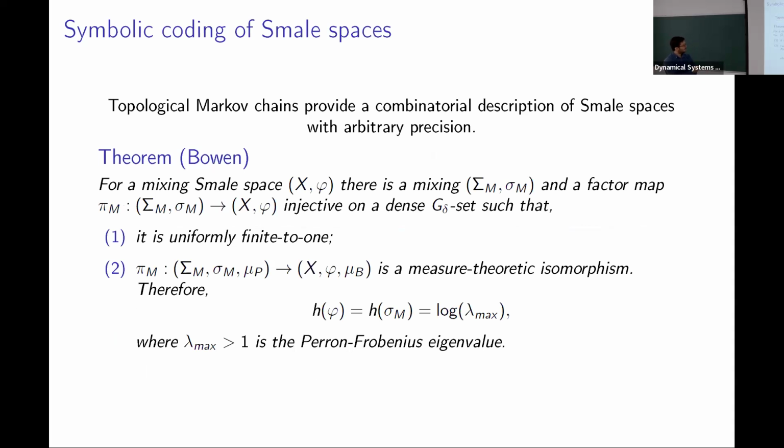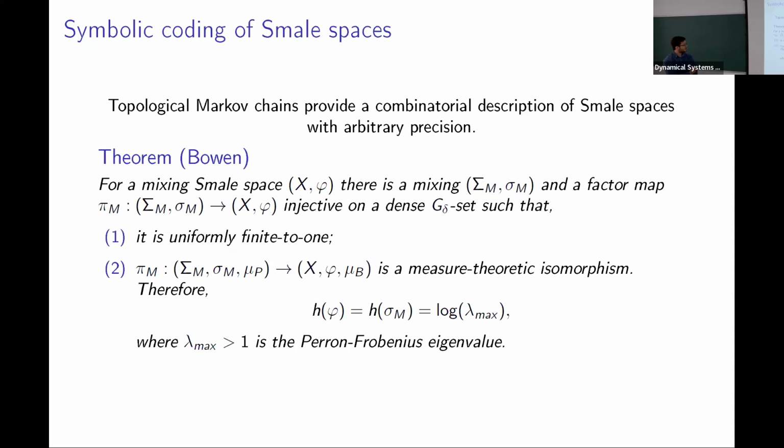One of Bowen's theorems is the following. You start with a Smale space, and then you can create a subshift of finite type that sits above the Smale space, so that the Smale space is a factor of the subshift.